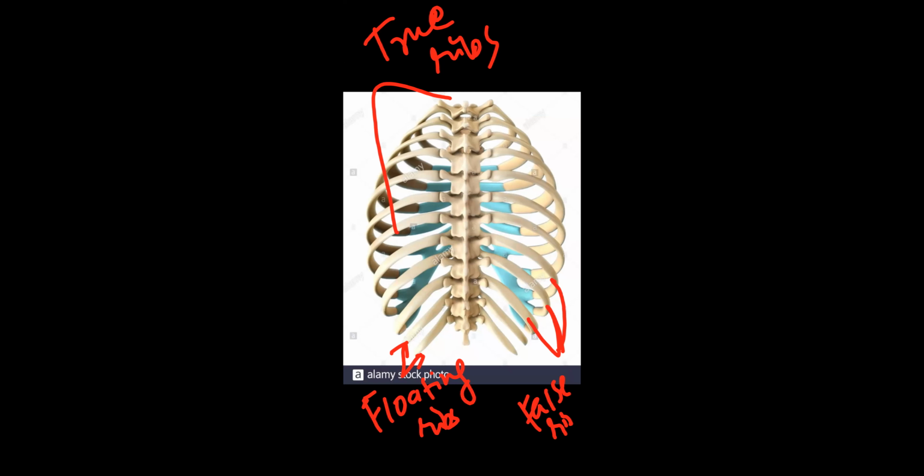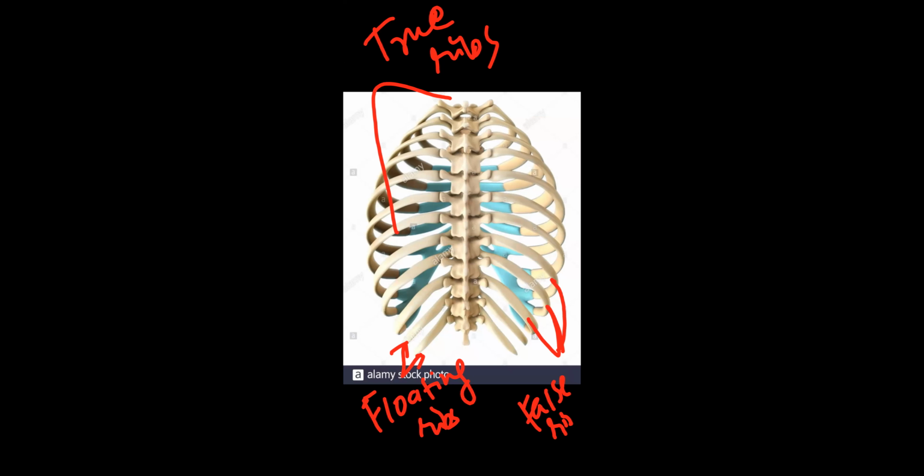First 7 pairs, dorsally attached to VC and ventrally to sternum, are vertebrosternal ribs. Their attachment with the sternum is because of hyaline cartilage. Next 3 pairs, 8th pair, 9th pair, 10th pair, are called false ribs. They are also called vertebrochondrial ribs because dorsally they are attached to VC, ventrally they are attached not to sternum, only to the cartilage of the 7th one.